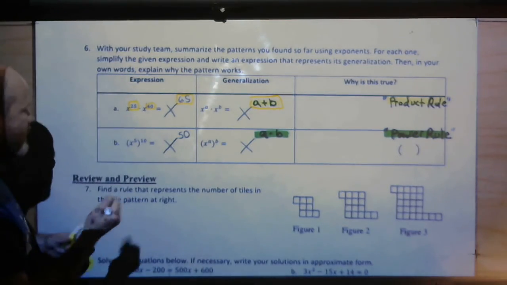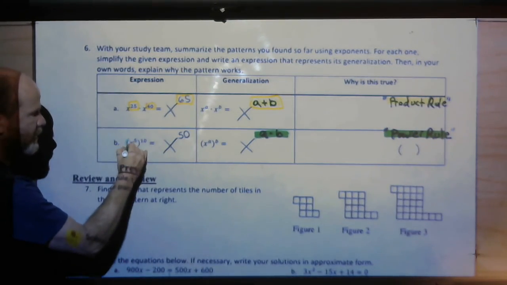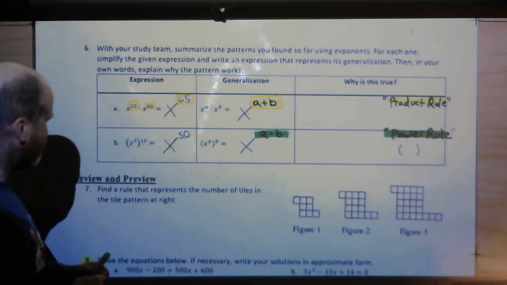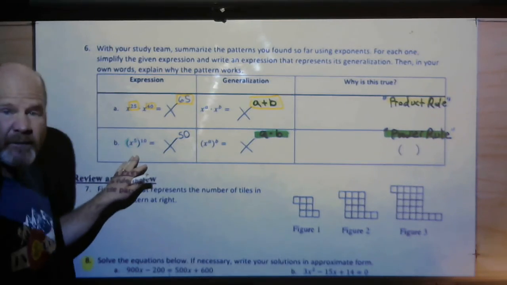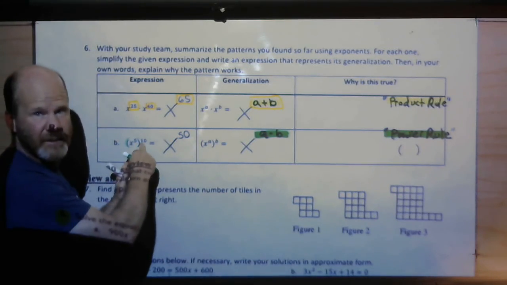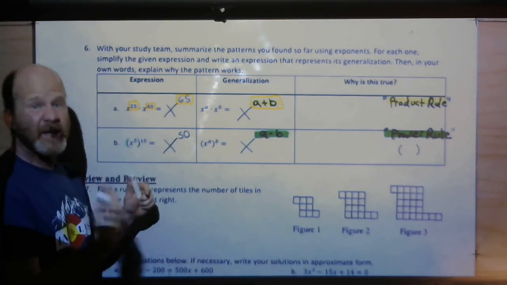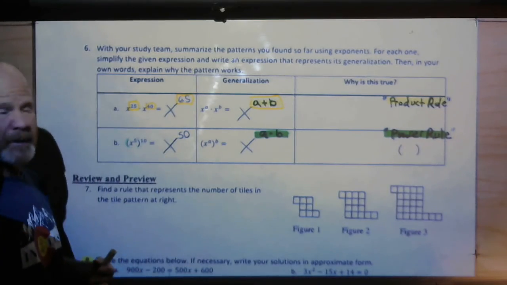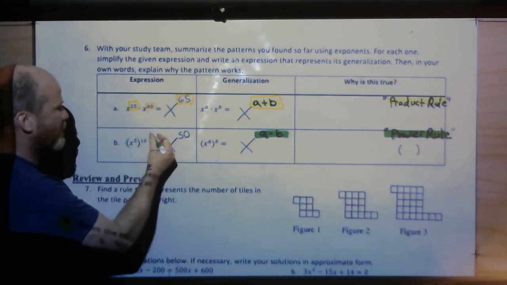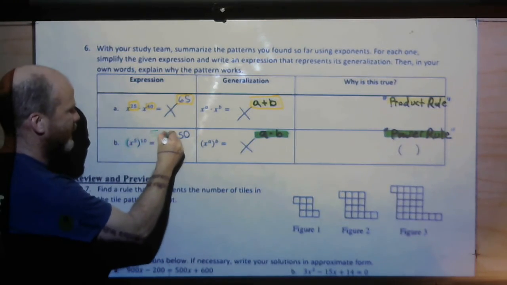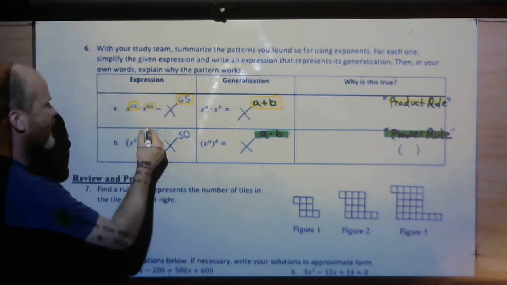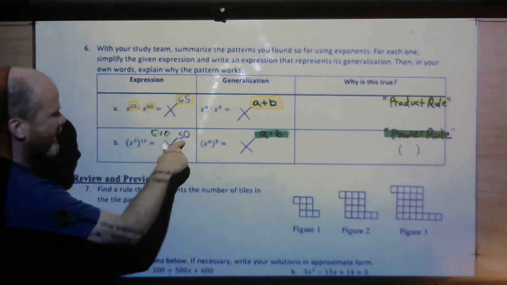Now in this scenario, again, the key feature, thinking of order of operations, doesn't look like my marker's going to work all that well, but we'll give it a shot. The parentheses are telling us that we're taking x to the 5th and we're raising it to the 10th power. So it's x to the 5th times x to the 5th times x to 10 times. So in that scenario, instead of adding them, we actually multiplied 5 times 10, and I'm sorry, I'm sure that's horrible in terms of visibility, but it's 5 times 10, and that gives us 50.